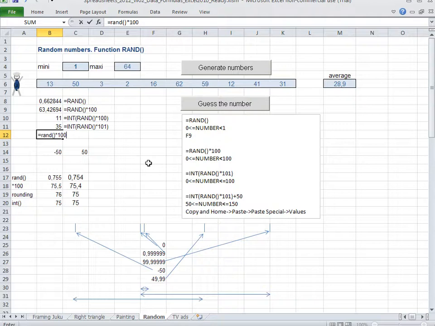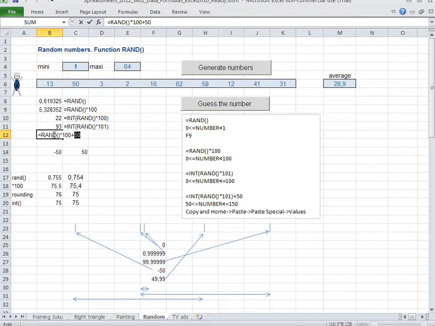and then we will have to do something like, let's begin by doing something like plus 50. Let's see what this will do. So we had a number that was between 0 and 100, and if we do plus 50 here, think of what happens to the smallest number. The smallest number used to be 0, and now it's plus 50, so the smallest number is plus 50.